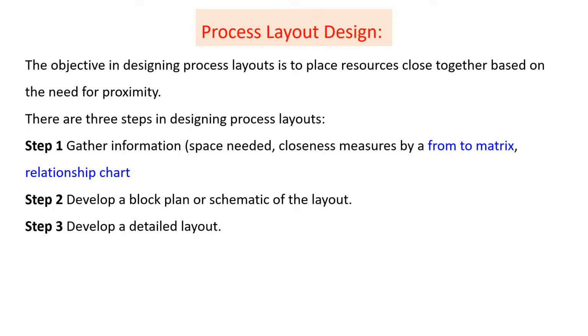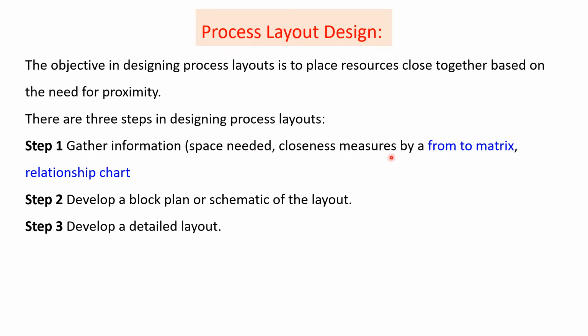Now let's move to the process layout design. Before that, the objective of designing a process layout is just to place resources closer together based on the need for proximity. There are three steps in designing a process layout. The first one is gathering information regarding space requirements or information regarding the closeness measures.